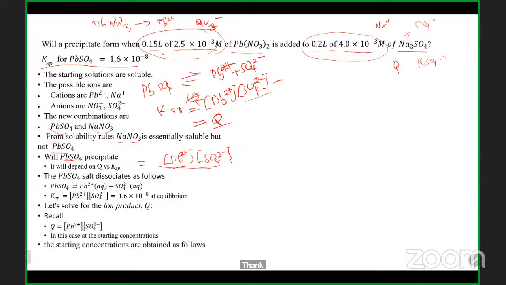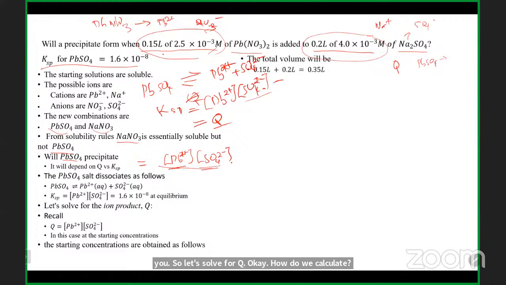How do we calculate the Pb2+ that was dissolved? It said that 0.15 liter of 2.5 times 10 to the minus 3 molar PbNO3 was added to 0.2 liter.